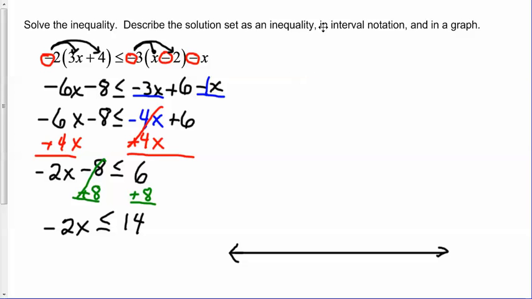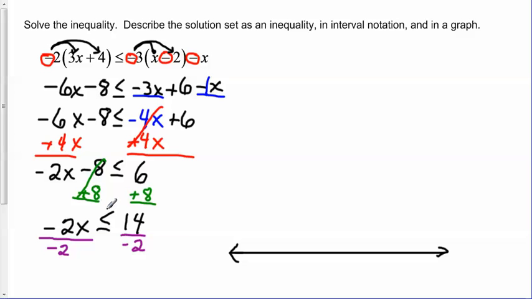So we're almost done now. We almost have the x by itself, but it still has that -2 sitting there in front of it. And so let's get that -2 cleared out. The -2 is holding on by multiplication, so we're going to divide both sides by -2. Now, here's that situation where we're dividing in an inequality by a negative number. So remember what that means.